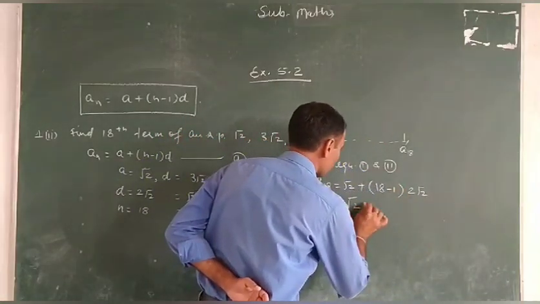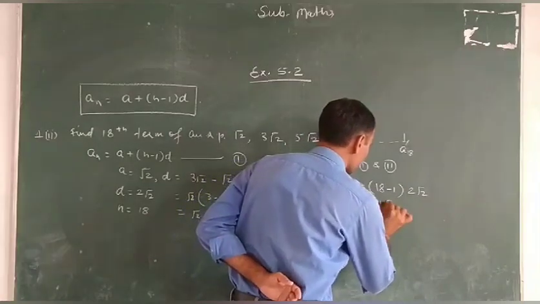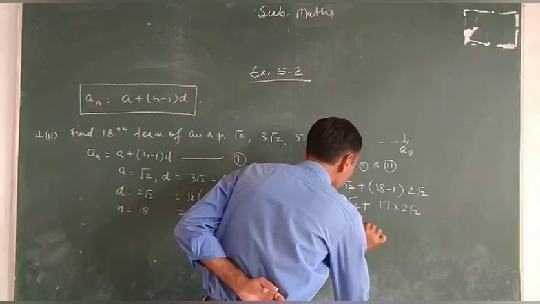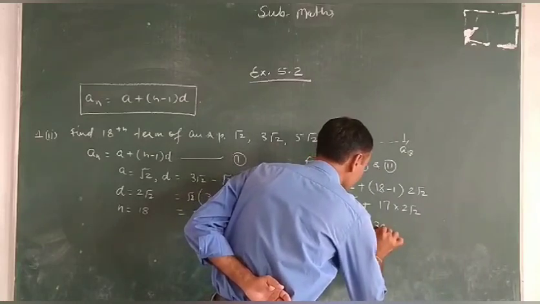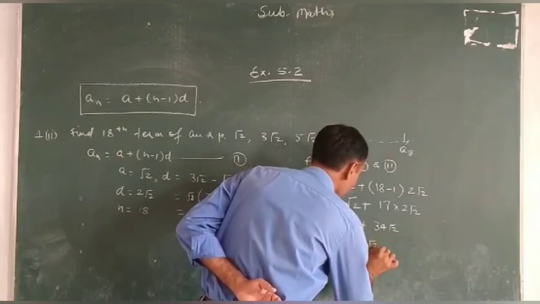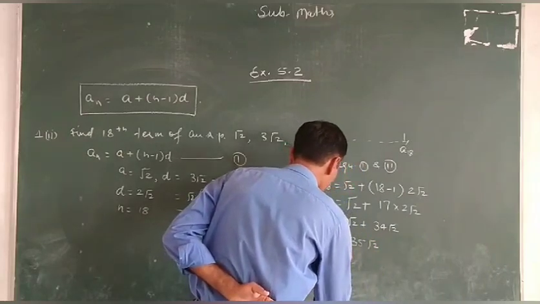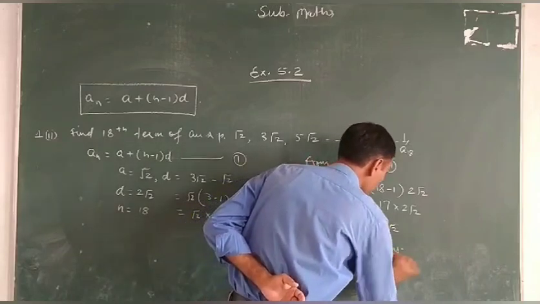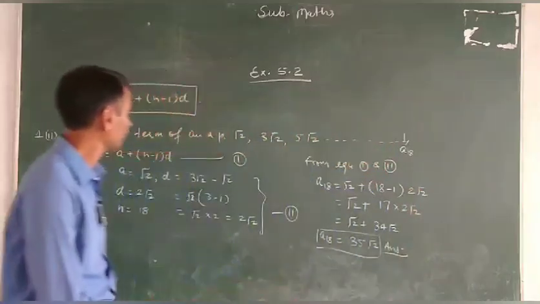So it comes root 2 plus 17 into 2 root 2, that's root 2 plus 34 root 2, and it comes 35 root 2. Here is the answer.